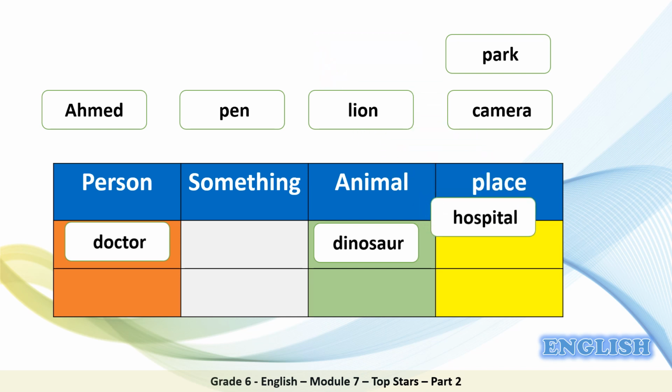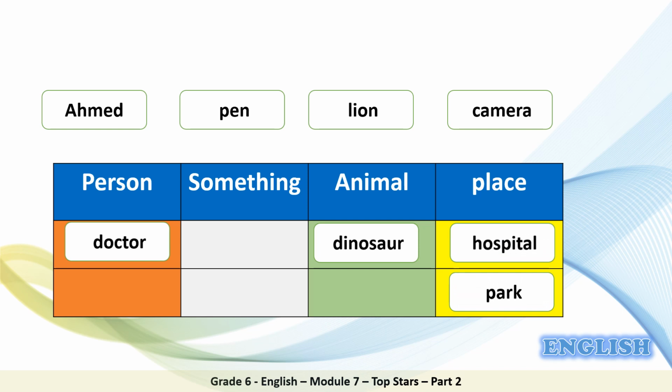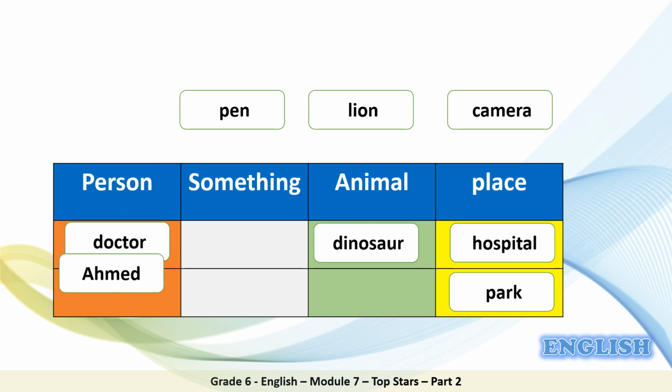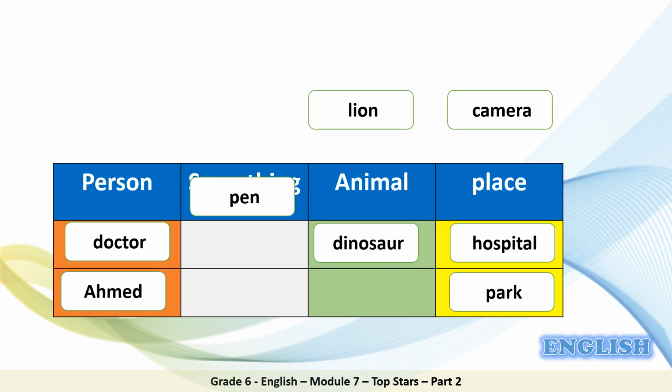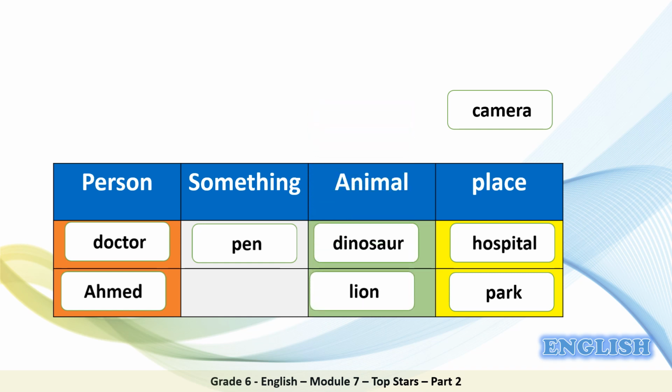Hospital is a name of place, park, a place. Ahmed is the name of person, a boy. Pen, yes, something. It's something we use. Lion, easy. It's a name of animal.